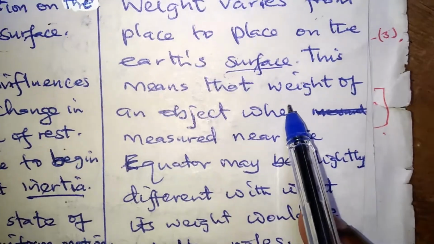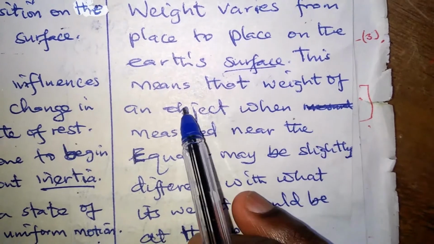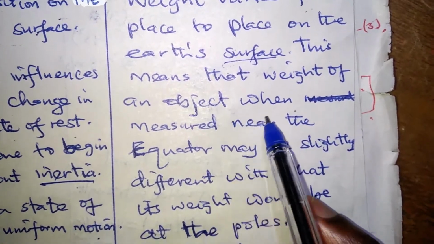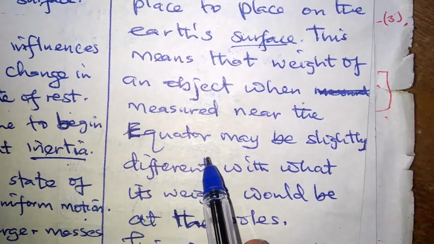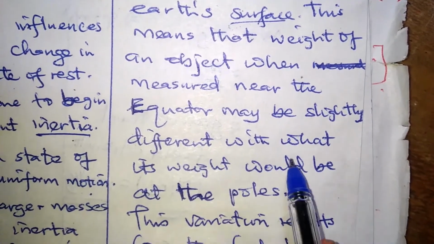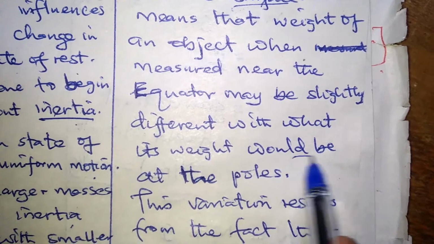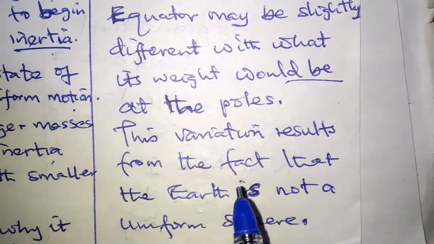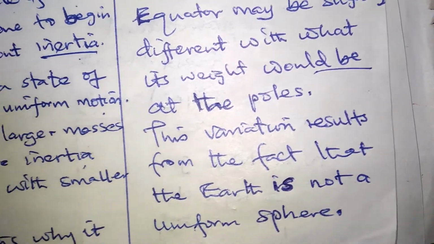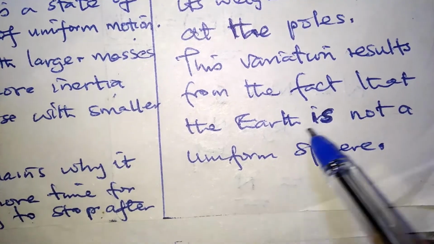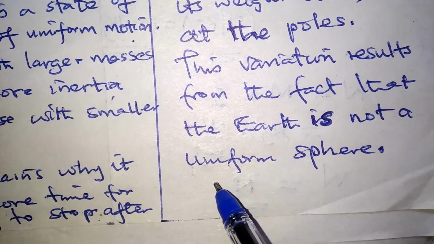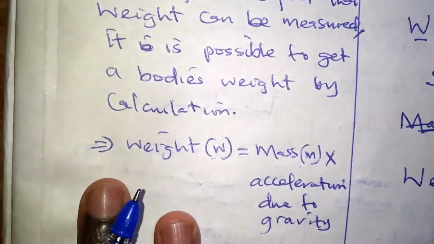This means that the weight of an object, when measured near the equator, may be slightly different from what its weight would be at the poles. This variation results from the fact that the Earth is not a uniform sphere.